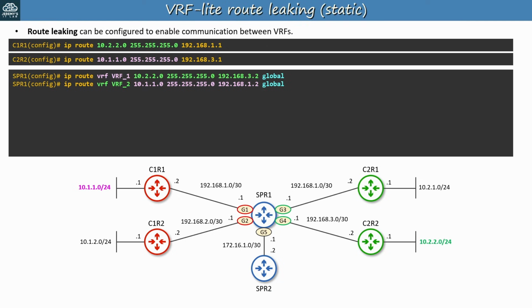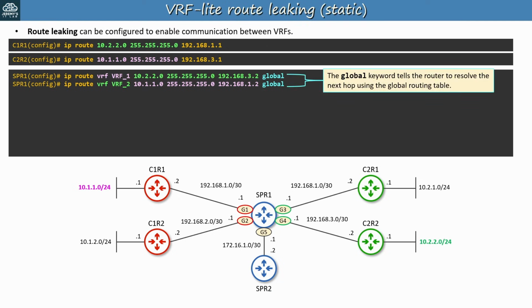So what does this global keyword mean? It tells the router to resolve the next hop using the global routing table. Using static routes, you can't leak routes directly between VRFs. Instead, you have to go through the global routing table like this.